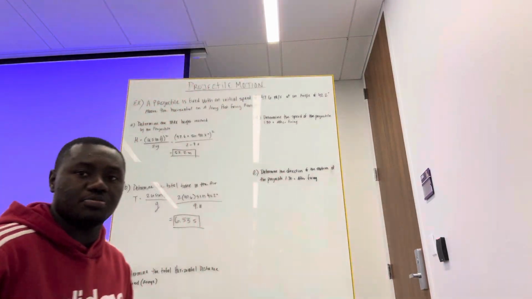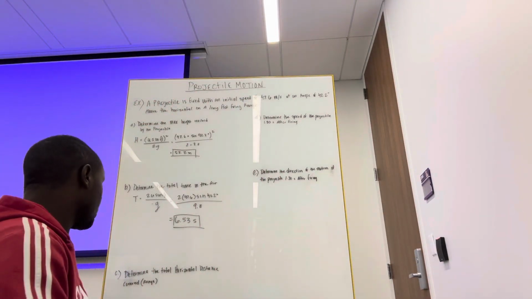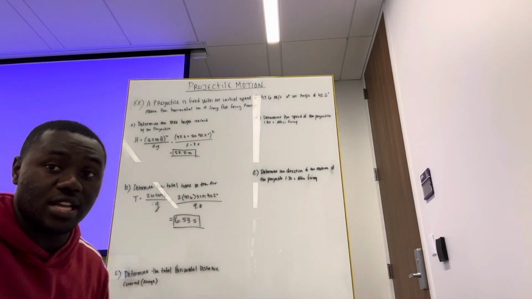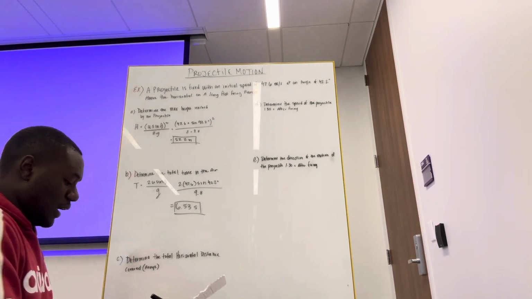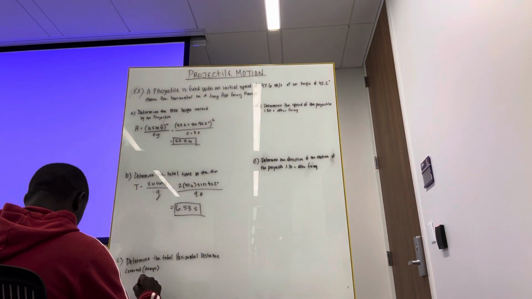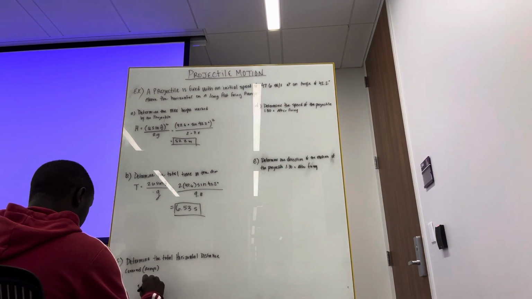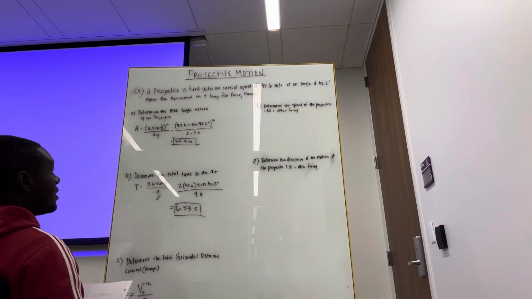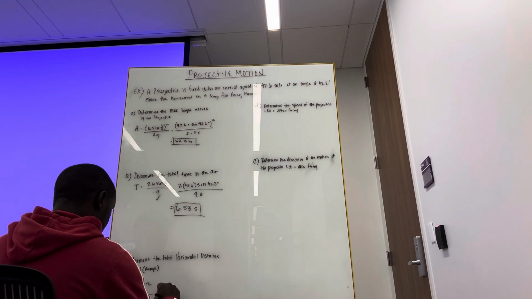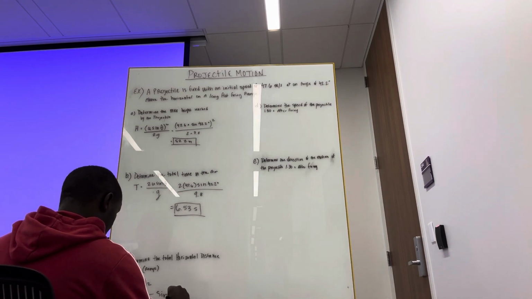For this next part, we're going to determine the total horizontal distance covered, or the range. To find this, we're going to use the initial speed squared over g times sine 2 times the initial angle.